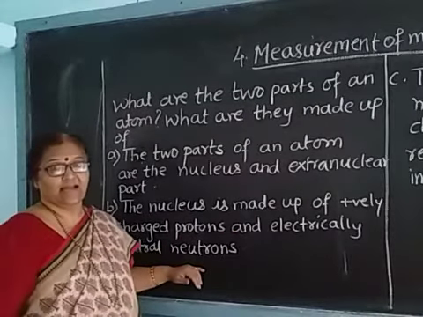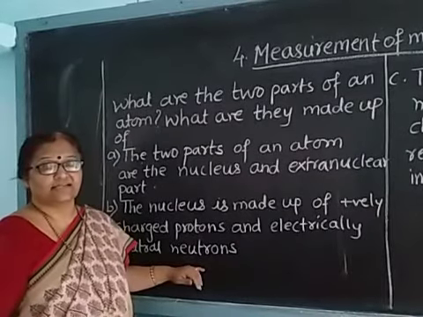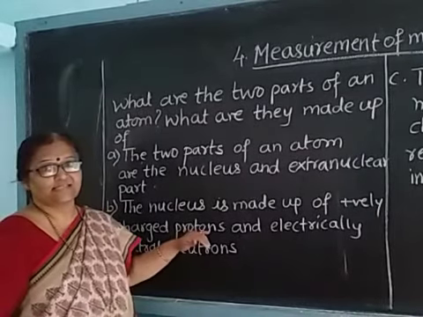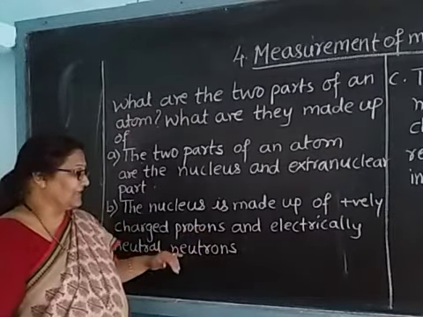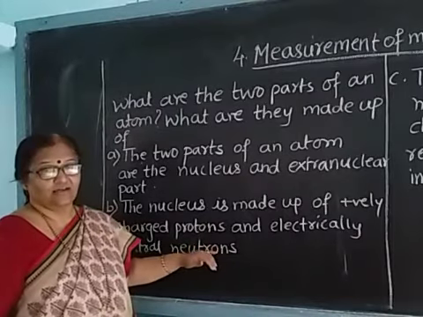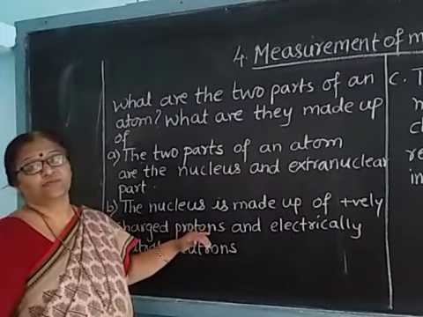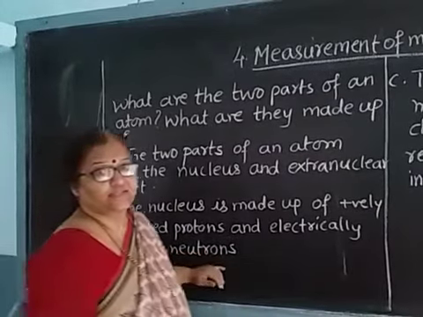In the nucleus there is a presence of protons which are positively charged and a presence of neutrons which are neutral, and together these protons and neutrons are called nucleons.